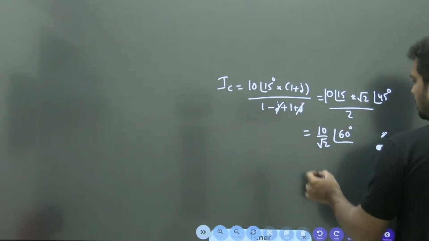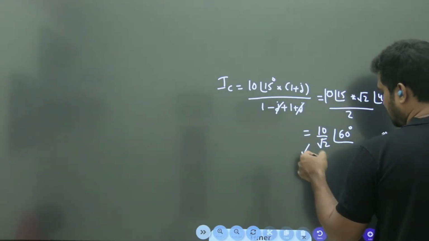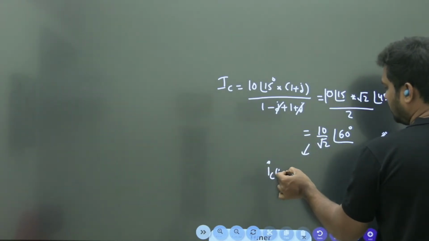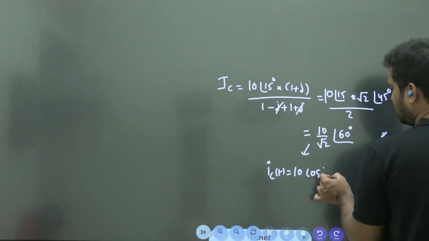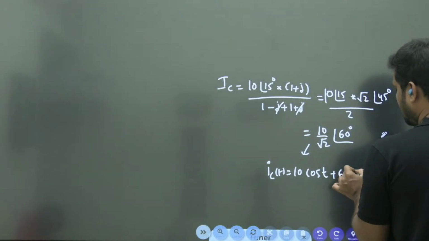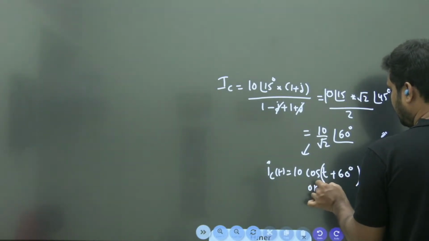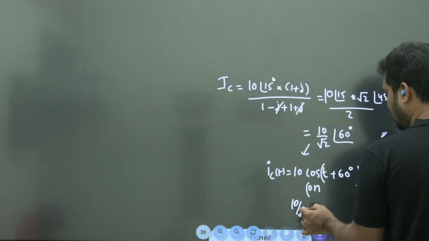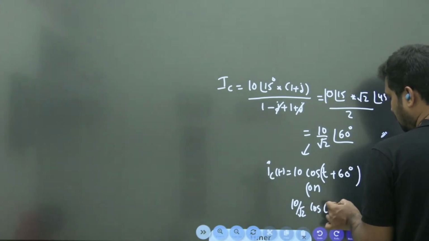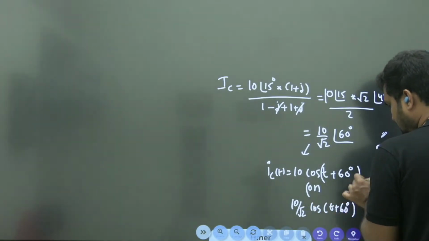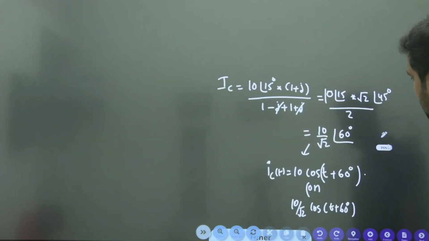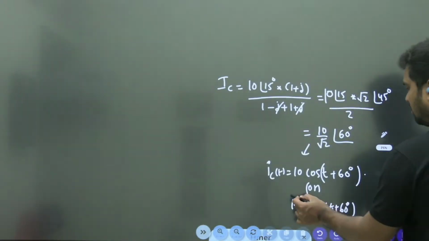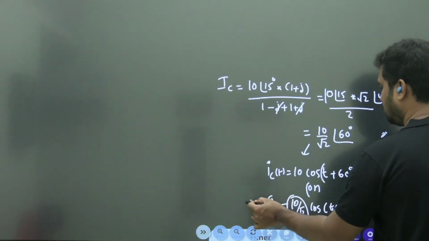Okay. So ये RMS मान लो, then IC of t equal to 10 by root 2 cos of omega t, 1 t plus 60 degrees. Or if you take it as a maximum according to the examiner, plus 60. If this is available, first priority. So 10 by root 2 is equal to 5 root 2.